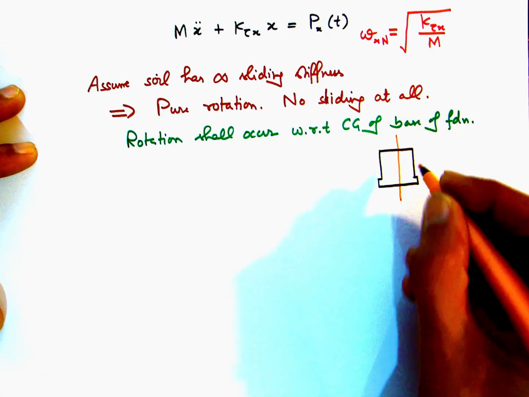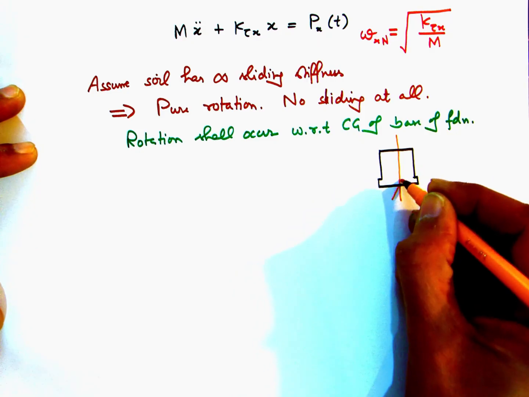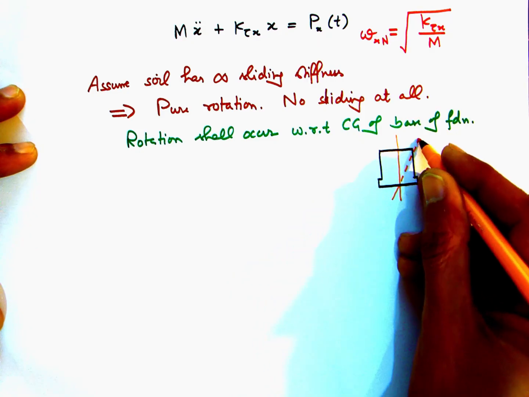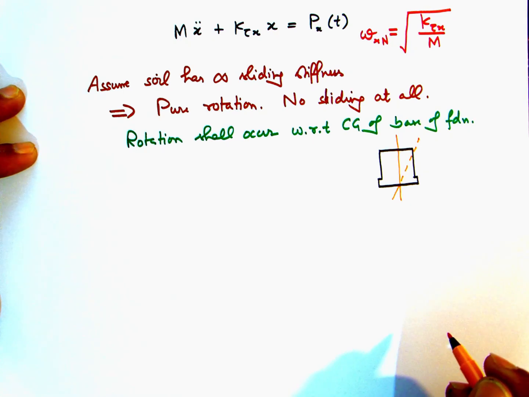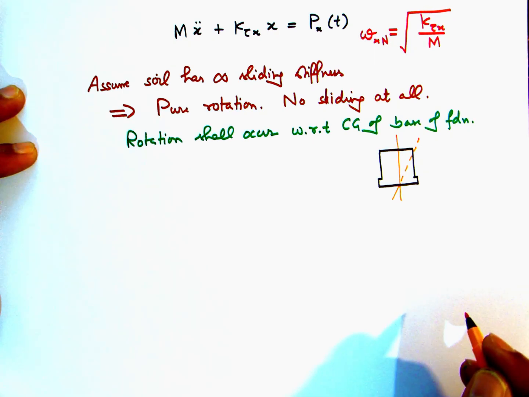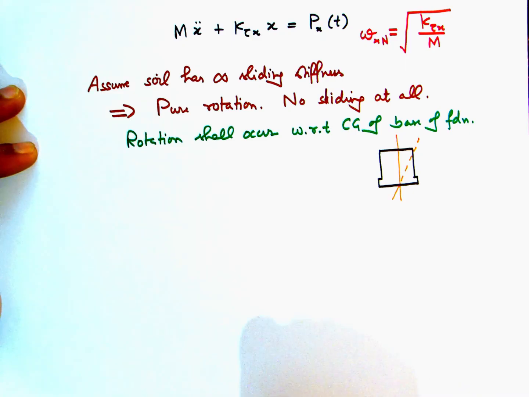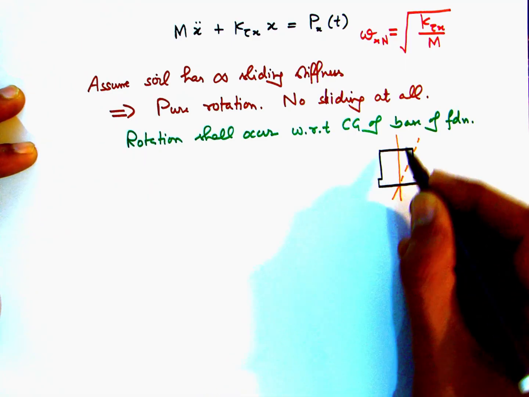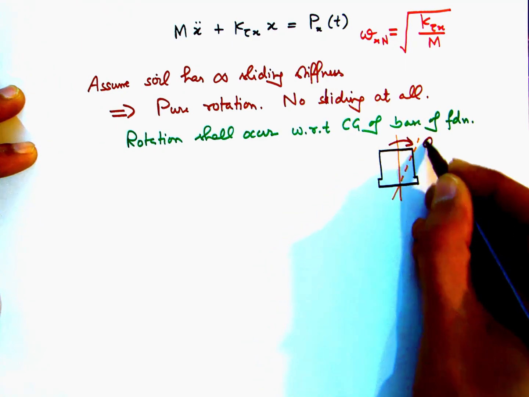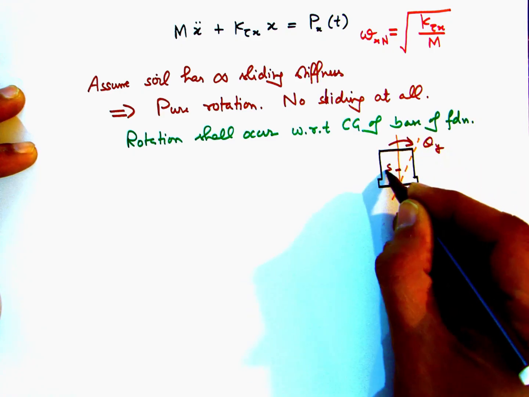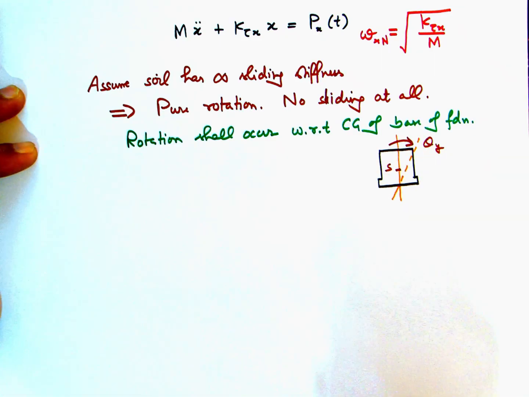So here we are showing the foundation block and it is undergoing rotation about the base of the foundation, and this is because of the infinite sliding stiffness. So here invariably the rotational spring is fixed at the base.